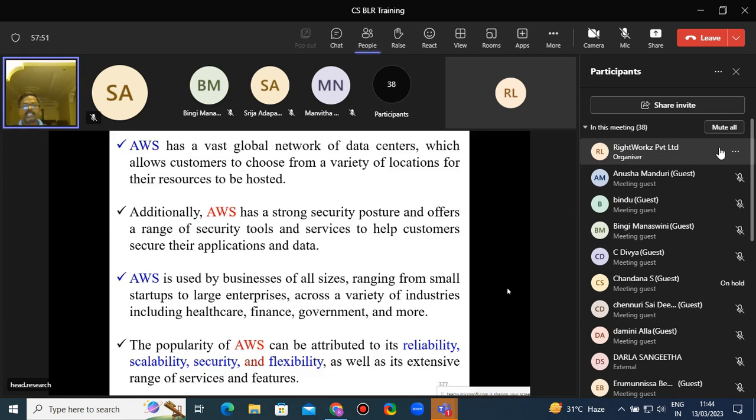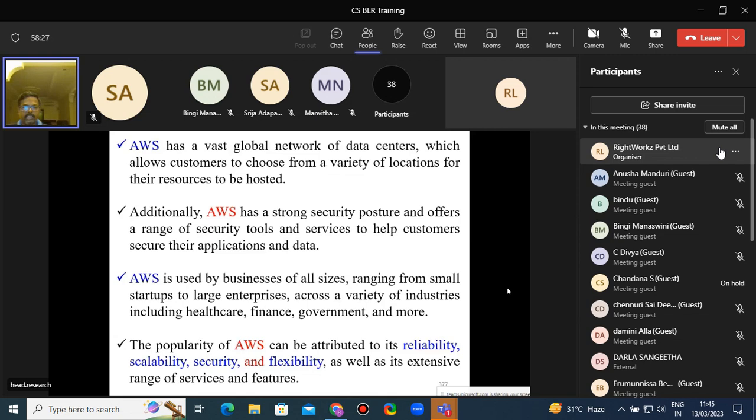Additionally, AWS has a strong security posture and offers a range of security tools and services to help customers secure their applications and data. AWS is used by businesses of all sizes, ranging from small startups to large enterprises across a variety of industries, including healthcare, finance, government, and more.